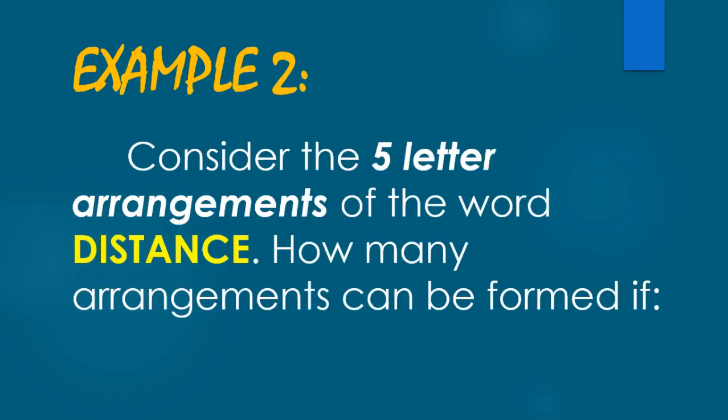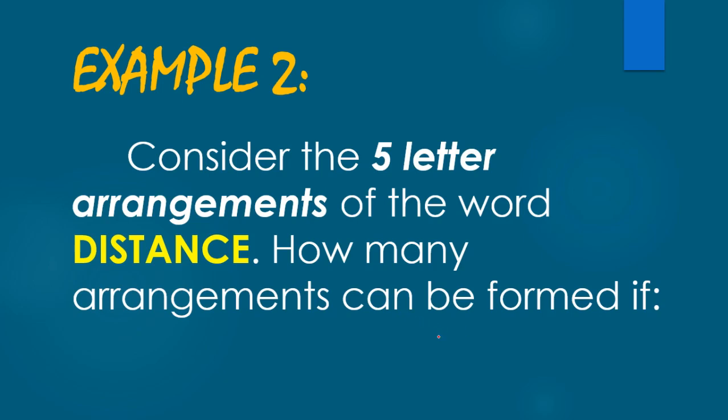Example number 2. Let us consider the 5-letter arrangements of the word distance. How many arrangements can be formed if we have conditions? Now, in this example number 2, we have the permutations of n objects taken r at a time. Unlike in the first example, we do not have to take all at a time.